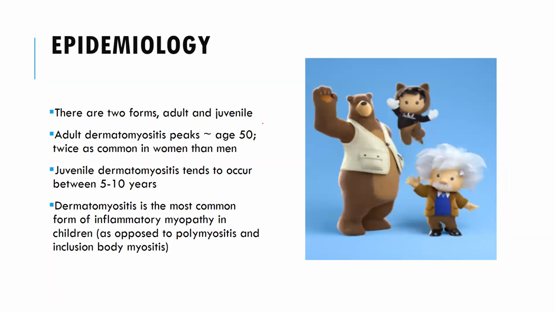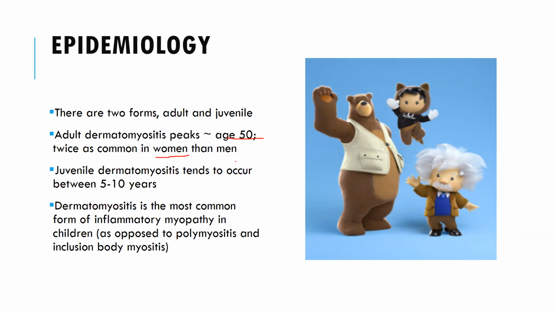So how common is dermatomyositis? When you're looking at the epidemiology, or how common this disease is and how it is distributed, you'll find that it has two forms: the adult form we've talked about and then the juvenile. The adult form usually peaks around 50 years and occurs more commonly in women than men.